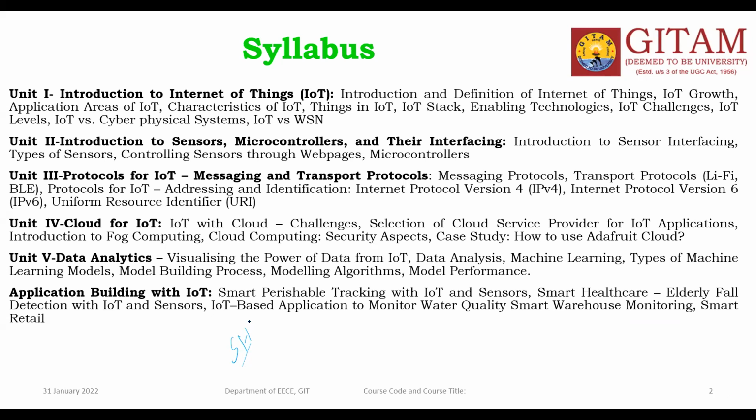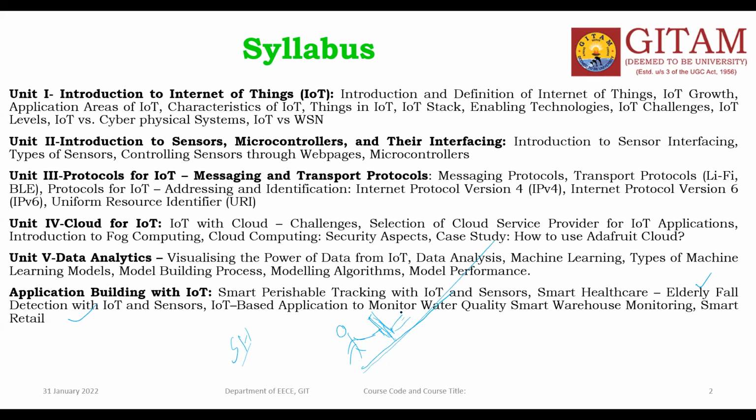And moreover, elderly fall detection with IoT and sensors. Generally, suppose this is an old man or a blind man. Suppose the blind man is walking with the help of this stick. This is a smart stick, which means the stick has sensors and other intelligence, so that when this person is walking on the road or crossing the road, the sensors will look for any object in front within some distance.